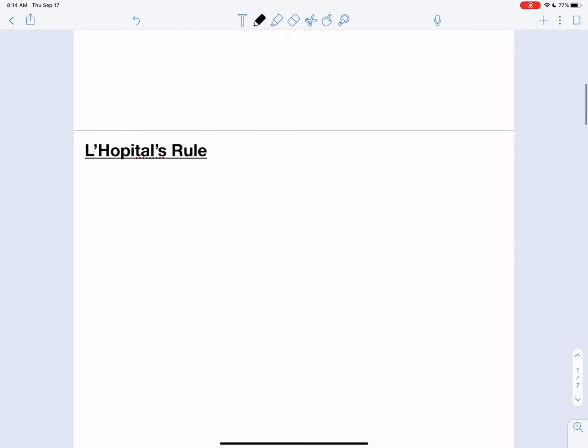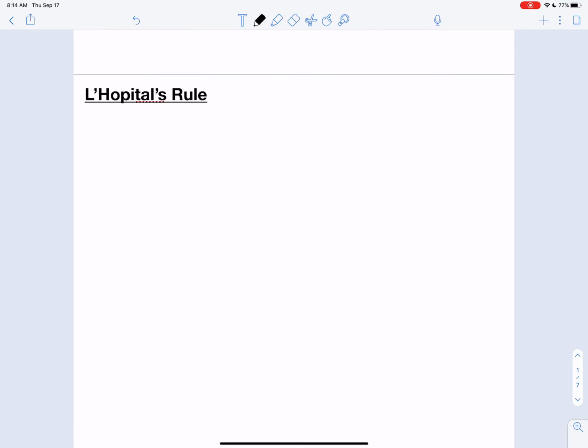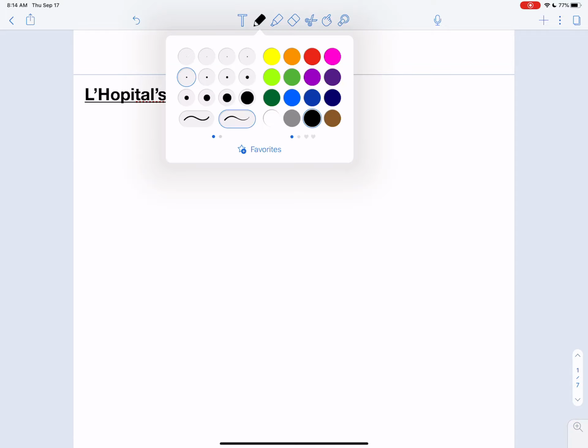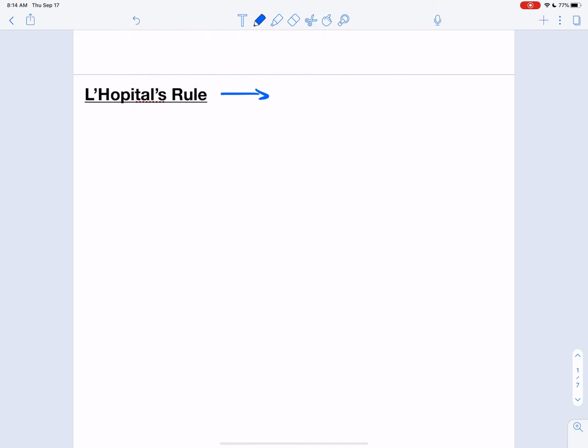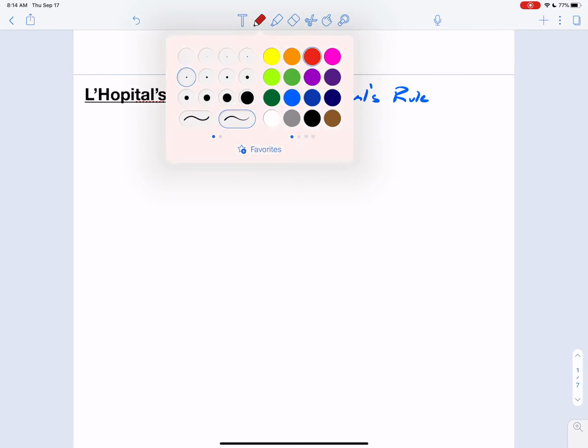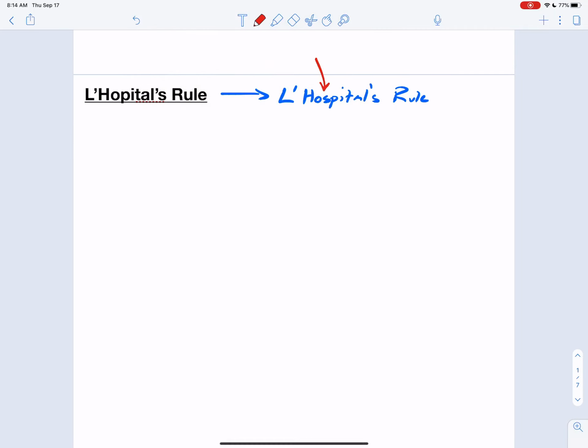Okay, so first thing we're going to do is we're going to look at Hopital's rule, okay? Now, in a lot of books, originally it was Hopital's rule spelled like this with that additional S. People like to say Hospital's rule, but it's really not.